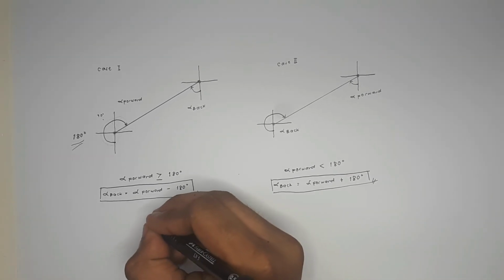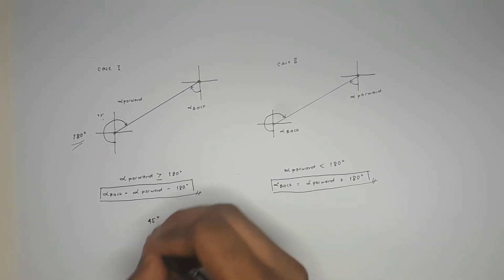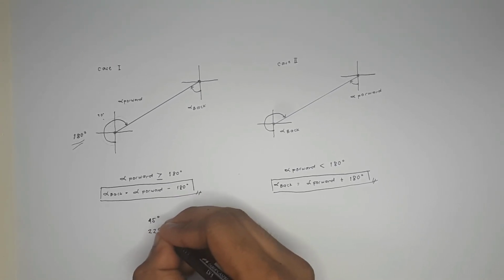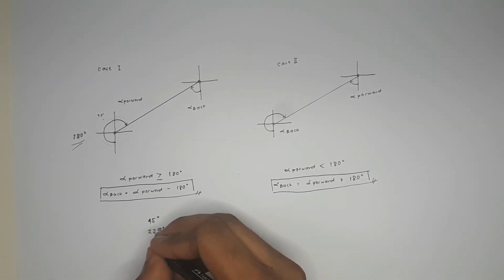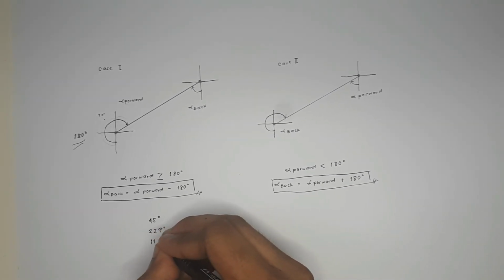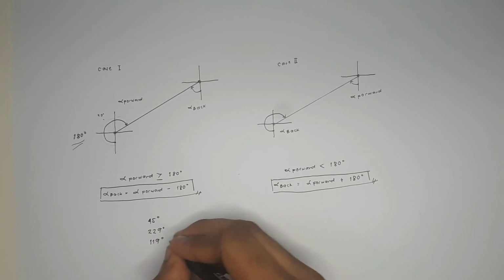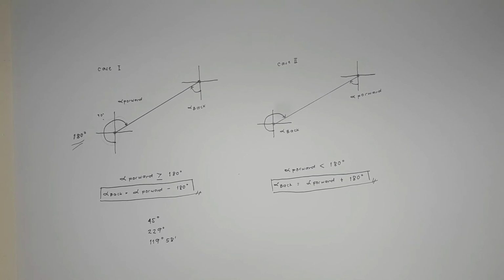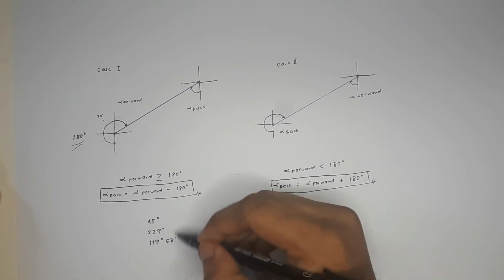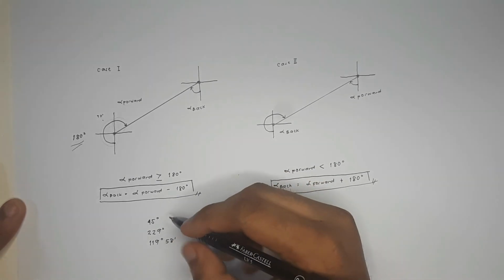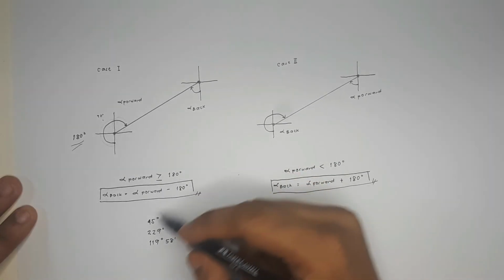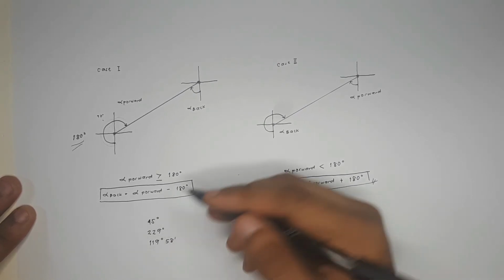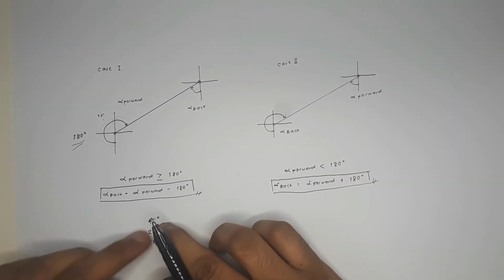So for example, we have 45 degrees, 229 degrees, and 119 degrees, 58 minutes. For this example, we are to find the back azimuth using these angles. So first we have 45 degrees.